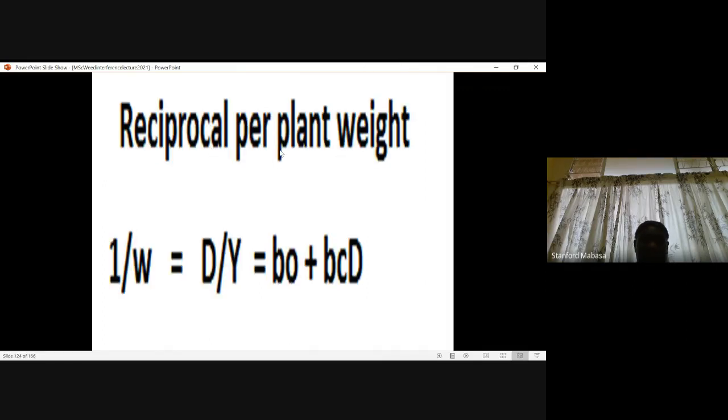And this is the reciprocal of the plant weight, which is 1 over W equals to this equation which we are interested in: B0 plus BCD.